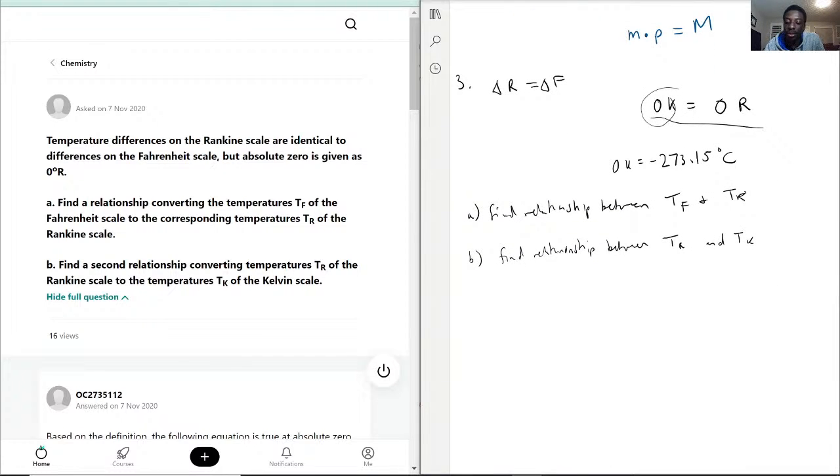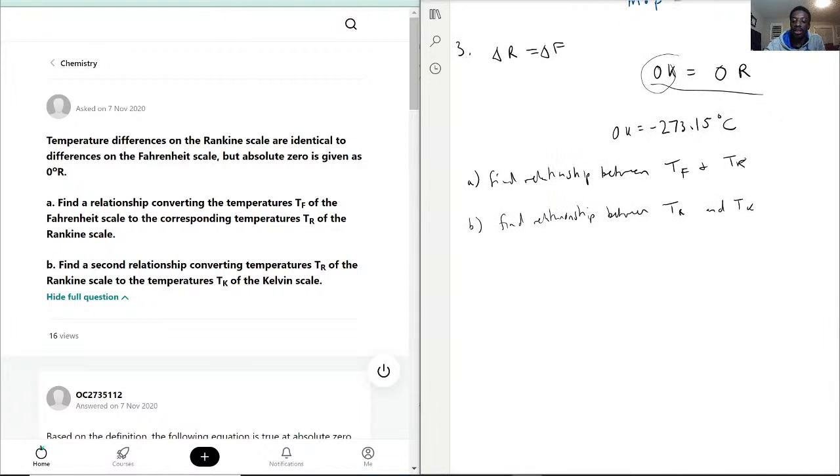So what we have here so far, based on this information, is that zero Rankine is also equal to negative 273.15 degrees Celsius. So with that being said, how much does zero Rankine equal in Fahrenheit?